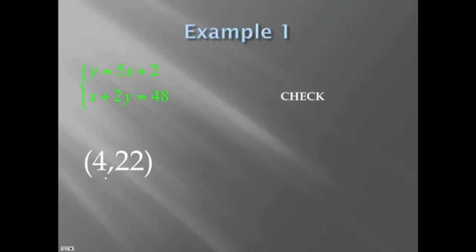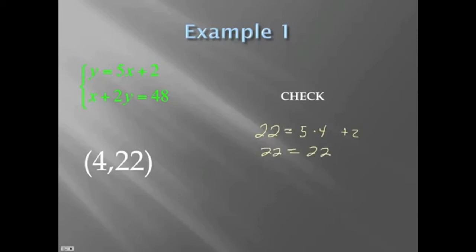So now that we know our solution should be (4, 22), let's check it. Checking's real easy. In fact, after a while you just do a quick check in your head. But let's take each of our equations, and let's plug it in. We have y equals 5x plus 2, so that would become 22 equals 5 times 4 plus 2. 5 times 4 is 20. 20 plus 2 is 22.